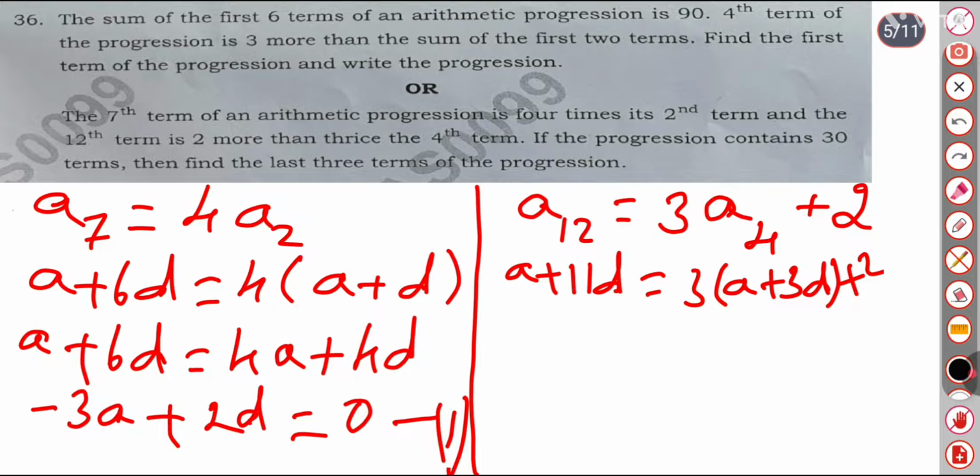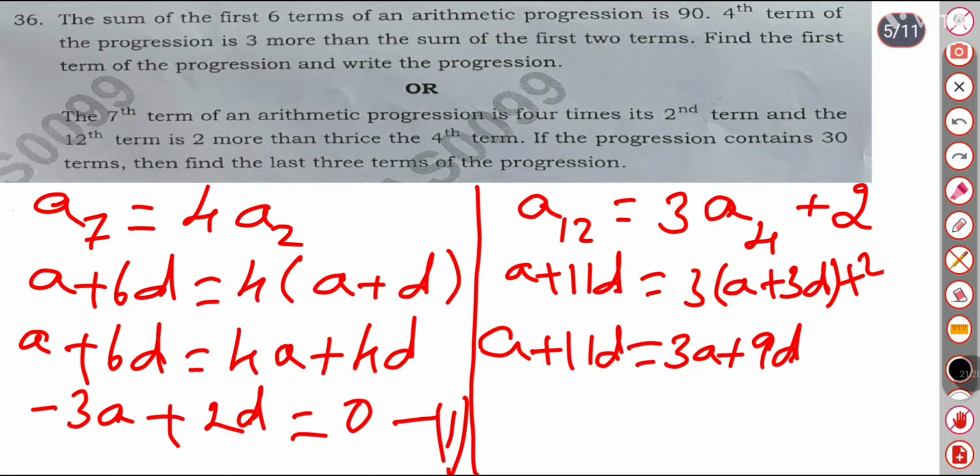A plus 11D is equal to 3A plus 9D plus 2. Now again, if we bring A and D terms to LHS, what happens? A minus 3A, and 11D minus 9D, plus 2D is equal to 2.